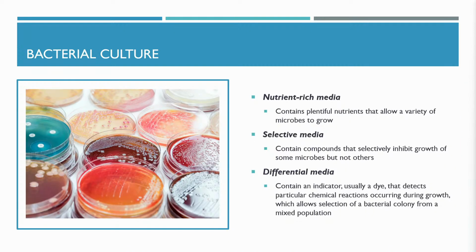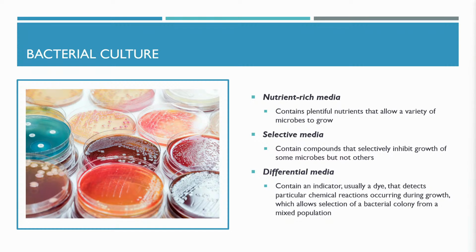Going a little bit further, there are some subtypes of media that can help you do certain things. When you know the capability of your organism of interest, you can design a series of media to increase your chances of isolating it from a mixture. Nutrient-rich media is in the name.